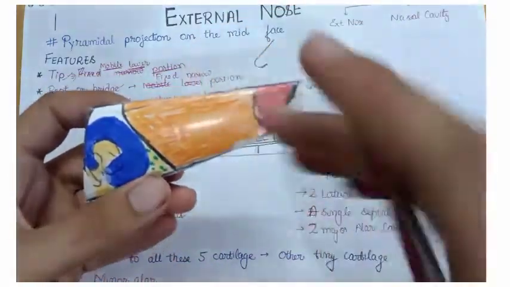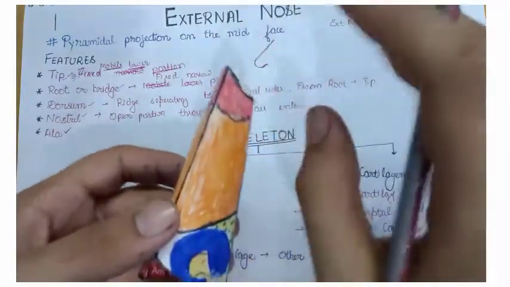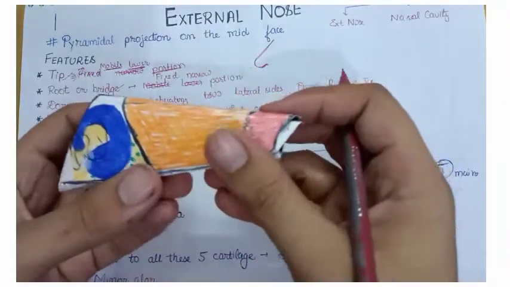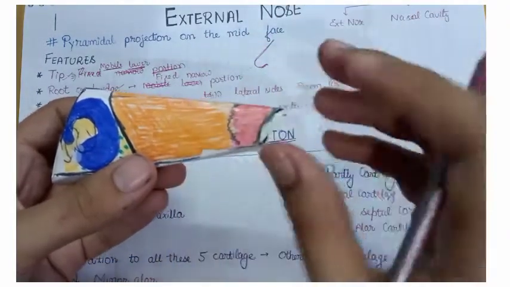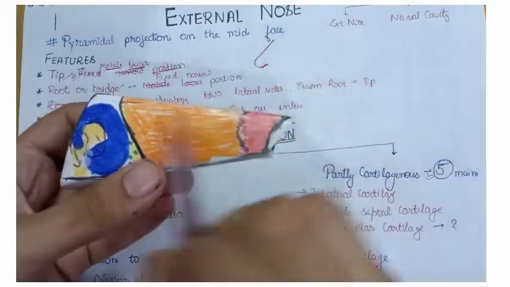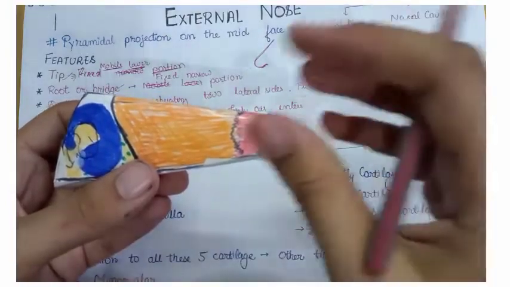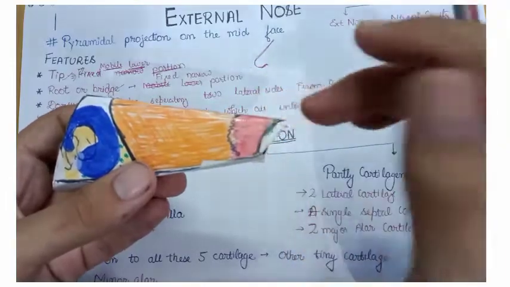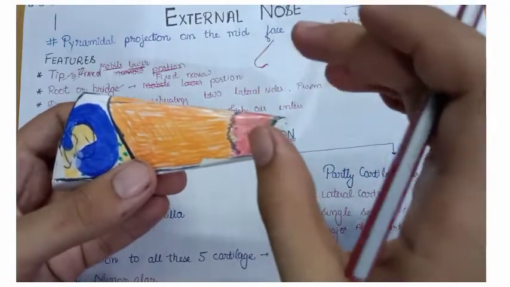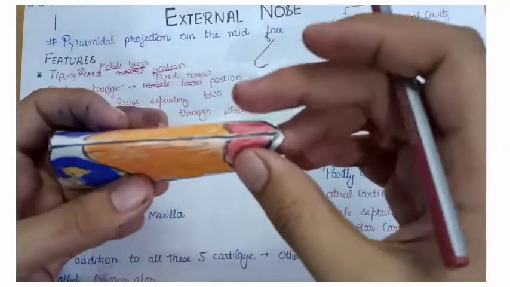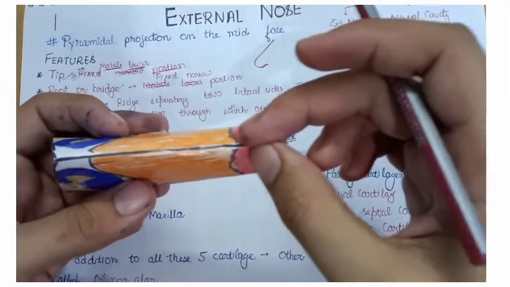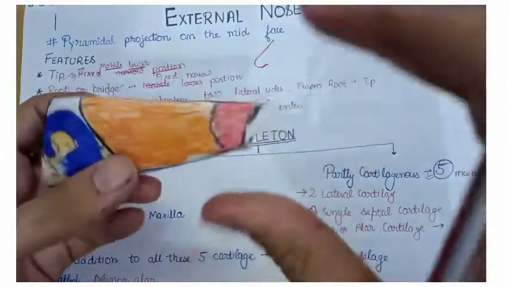So let us have a look on the model at how these cartilages are present. In the uppermost portion, we are looking from the lateral side. This is the root or the bridge, and this is the tip. Near the root portion, what you see here is the nasal bone. The two nasal bones meet in the center and form the beginning of the dorsum.